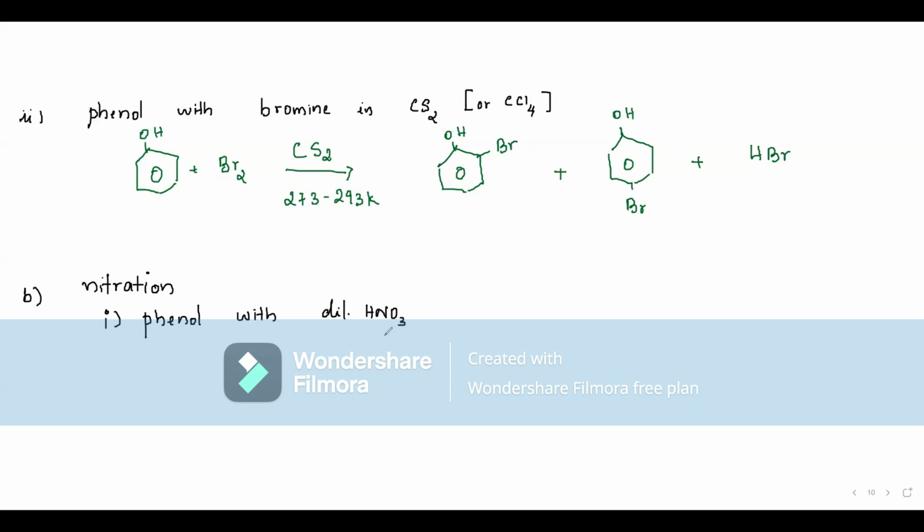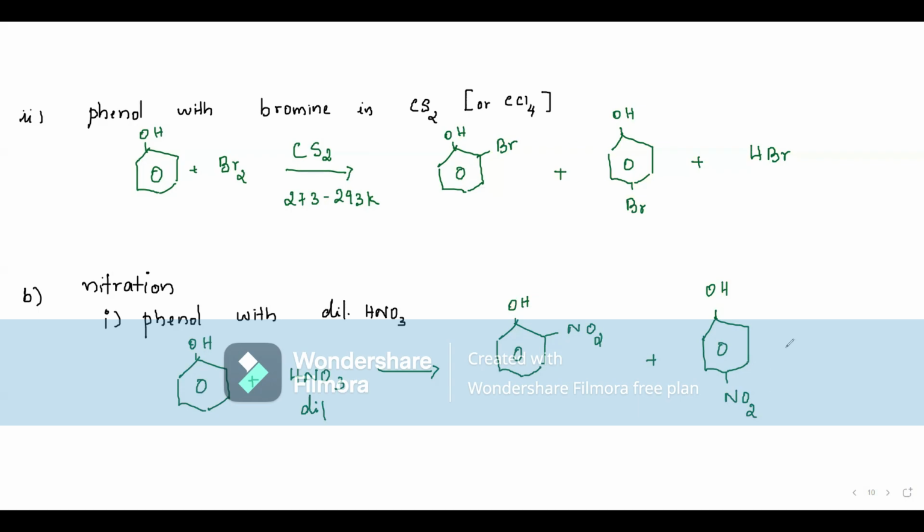Even nitration takes place in two different ways. When nitration is carried out with dilute nitric acid, that is, phenol treated with dilute HNO3, you will get a mixture of orthonitrophenol and paranitrophenol.